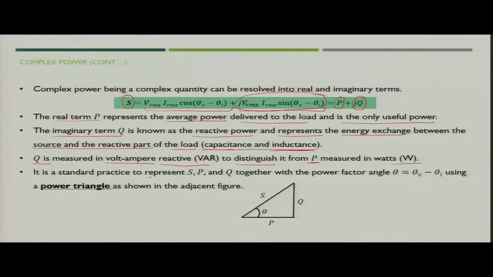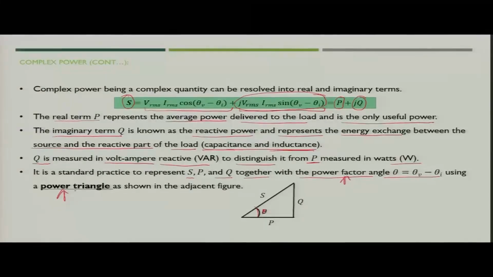In standard practice, S, P and Q are represented together with the power factor angle, that is theta, which is nothing but theta v minus theta I, using the power triangle. And how do we represent the power triangle? The power triangle is the relationship between P, Q and S, and the angle between P and S is theta, which is the power factor angle.